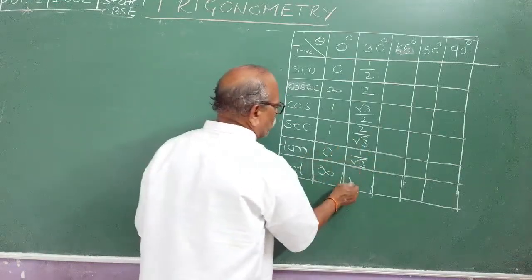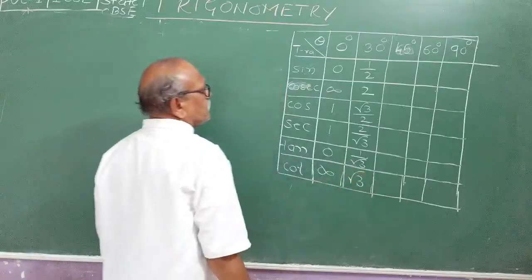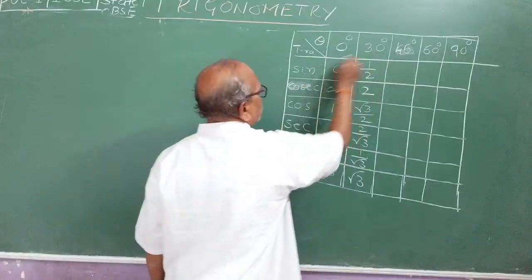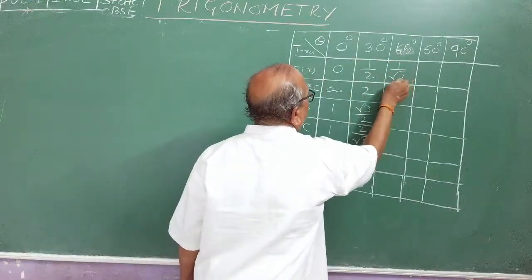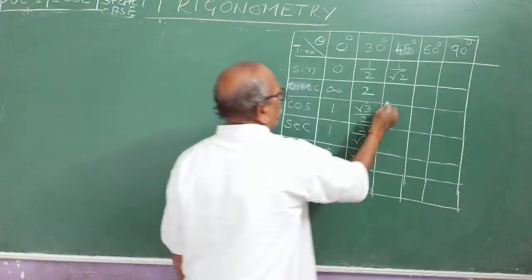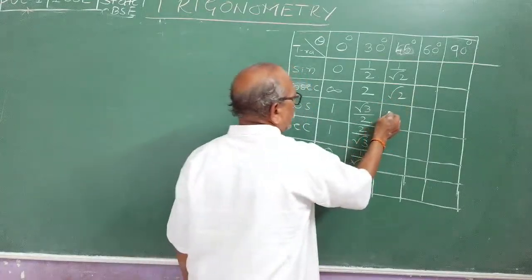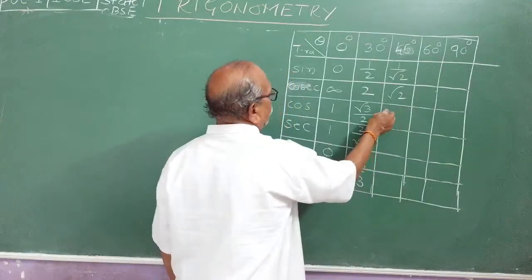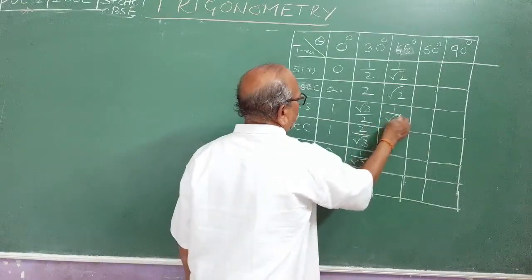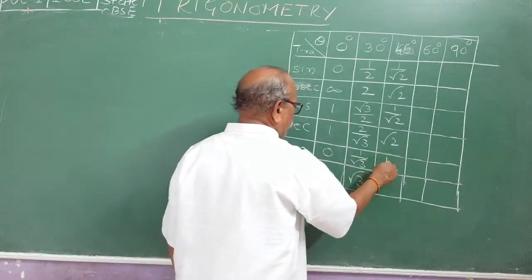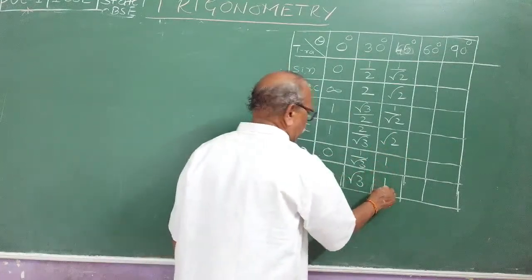Cot 30, reciprocal is root 3. Prepare a table on a small slip. Initially, later you will get it. Sine 45, 1 by root 2. Cosec 45, root 2. Prepare a table. Cos 45 is also 1 by root 2. Sec 45 is root 2. Tan 45 is 1. Cot 45 is also 1.